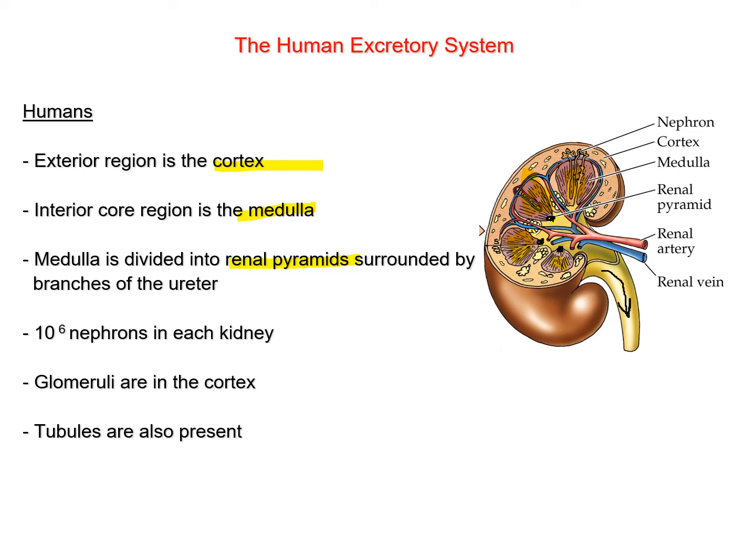So as I said, there are 1 million nephrons in each kidney, and the glomeruli, that capillary bed where the filtration occurs, are all in the cortex.